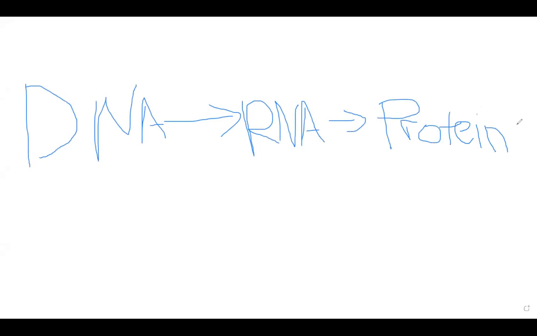Well, exercise turns on genes. Remember, genes are segments of DNA. What we do with that DNA is we make RNA, and then we take that RNA and we make proteins. The process where we go from DNA to RNA is transcription. The process of going from RNA to proteins is translation, okay?